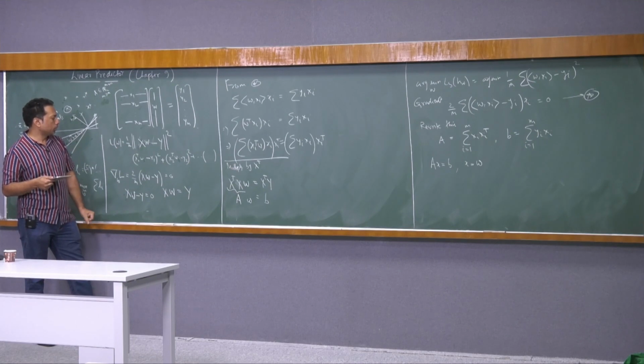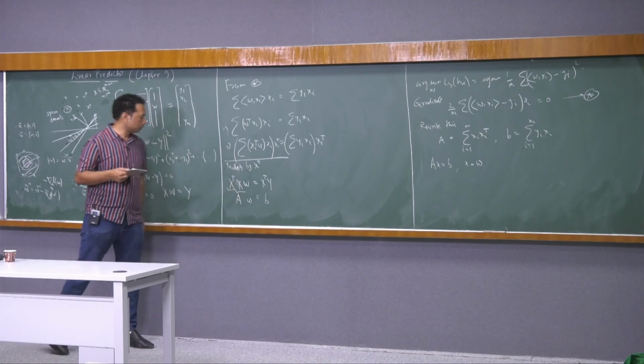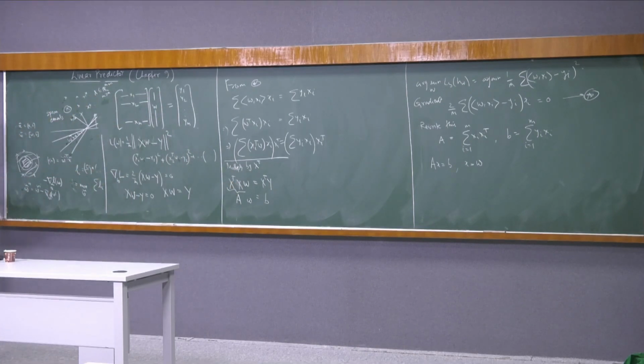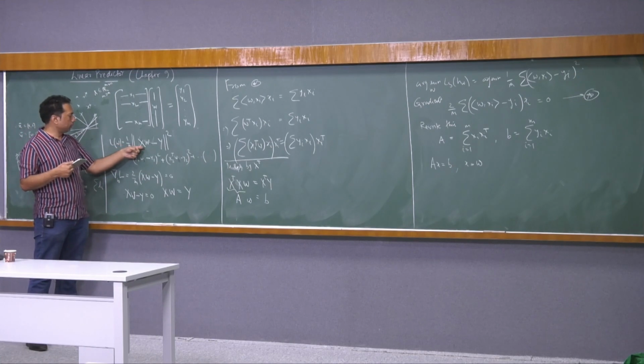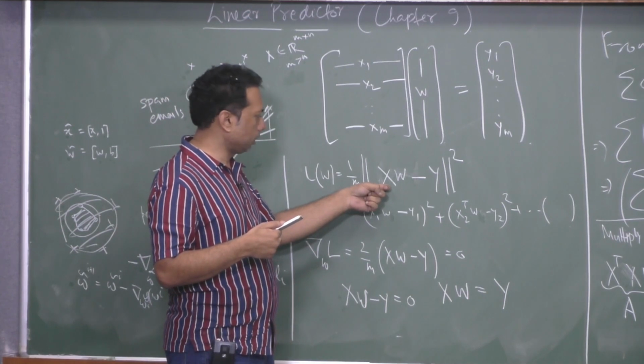The minimum will exist, as I said, when X transpose X is non-singular and invertible, and then all this is fine. When X is square and full rank, we get a unique solution.